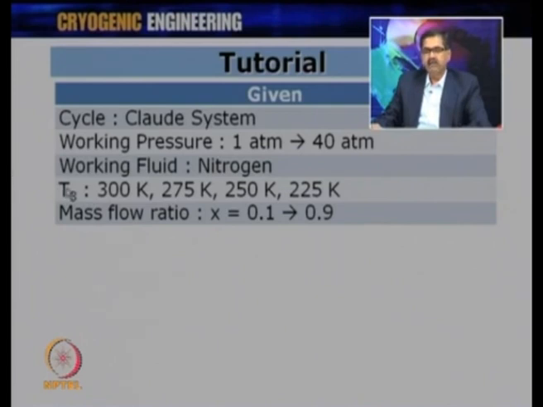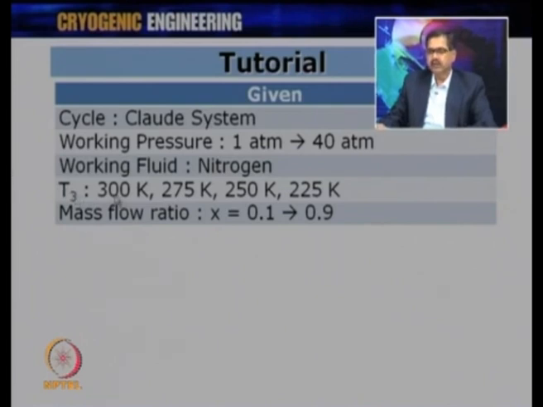The variation of T3 we want in total is from 300 Kelvin to 225 Kelvin, so 300, 275, 250 and 225, in steps of 25 Kelvin. The mass flow fraction, X, is varied from 0.1 to 0.9. As I said earlier, X cannot be equal to 1. That means all the gas which comes cannot be diverted through the expansion engine. All right. So, it has to be less than 1.